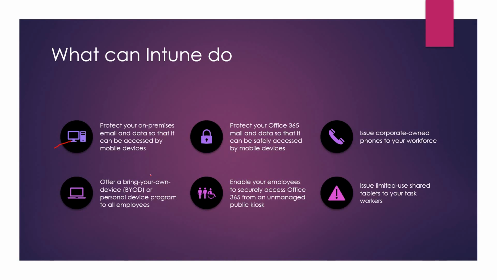Or let's say that the users don't have their mailboxes on the on-prem Exchange servers, but they are making use of Office 365 or Exchange Online. In that case also, Intune comes into the picture, and using this product we can secure the users' access as well as make sure that the data which the users are accessing is secured.